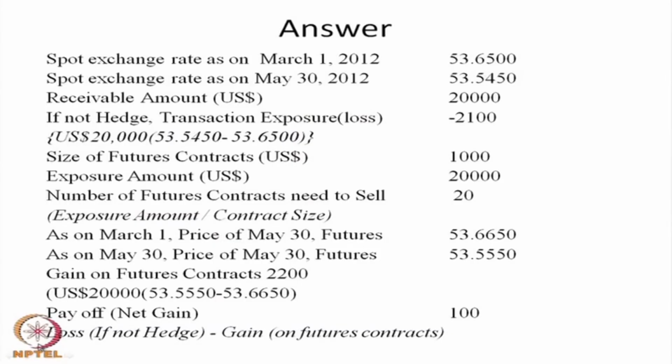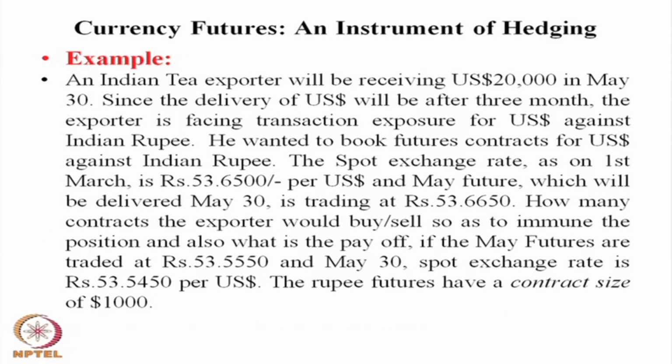You have to calculate the payoff now. Since the exporter is receiving dollars, he has to sell a contract. So, the exporter will sell a future contract in the currency market.